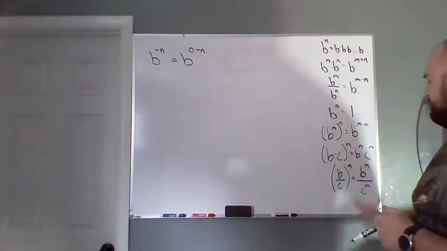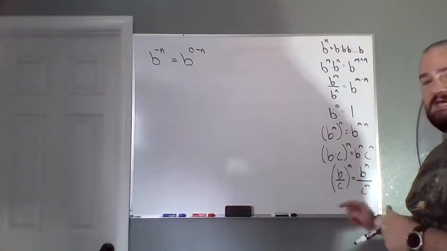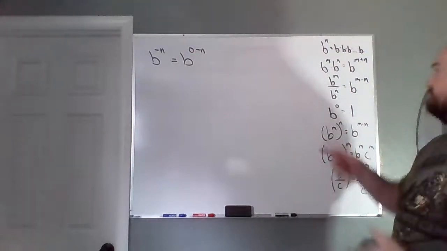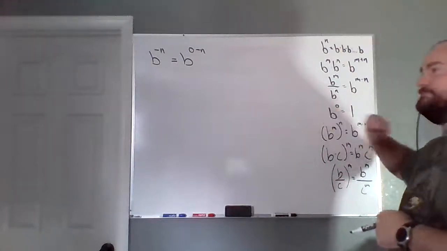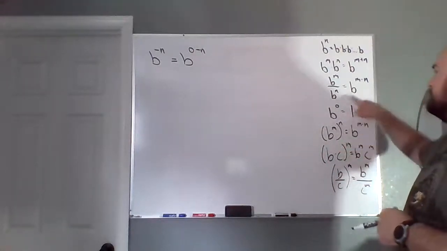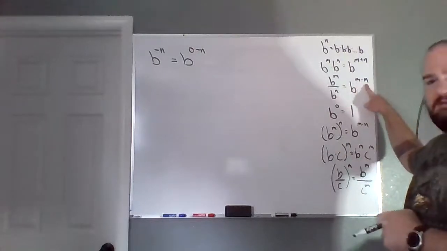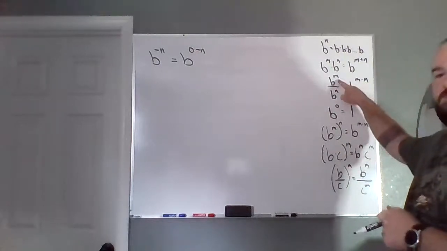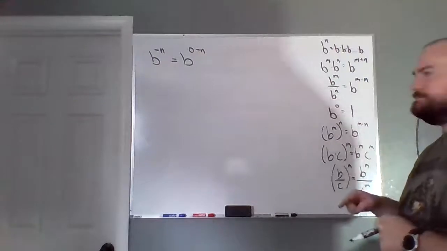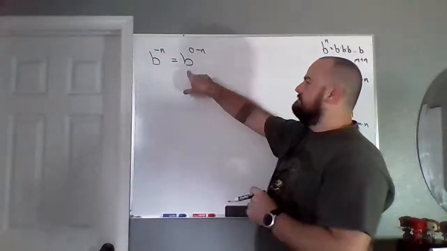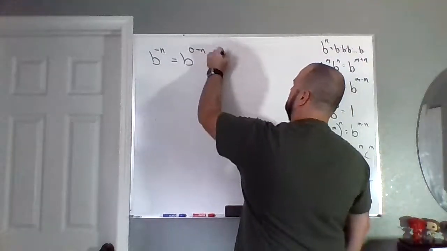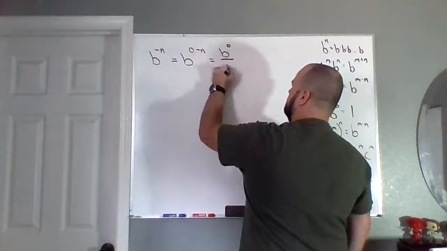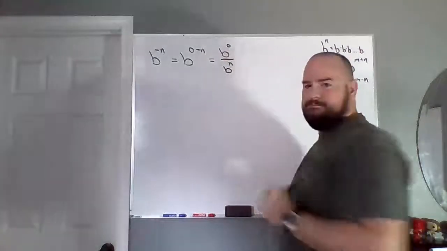Now one thing I want to make a point of with all of these, they're equal, which means that we can go from one side to the other. It's not only going from here to here, we can also go backwards. And that's what I want to do here. So if I have b to the m minus n, that means I really have b to the m divided by b to the n. So here I have b to the 0 minus n, so I can rewrite this as b to the 0 over b to the n.